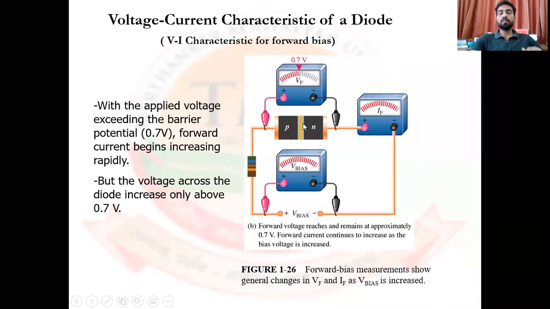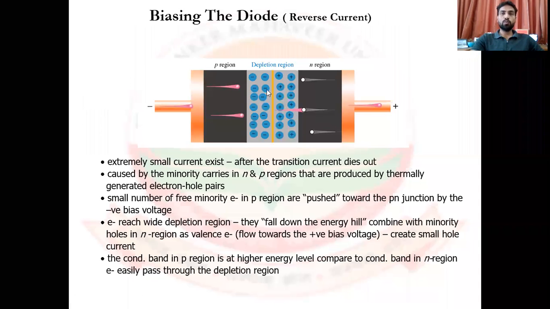Now let's try to understand what is happening. If we go back and see these slides, we understand that when the diode, meaning the PN junction, is formed, we have a certain depletion region. At this depletion region, we have a potential barrier.